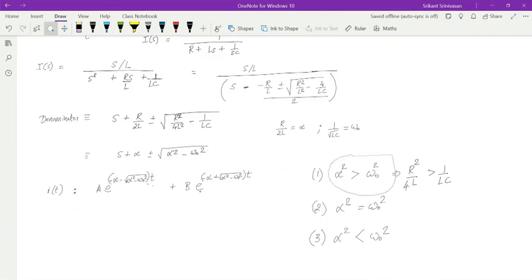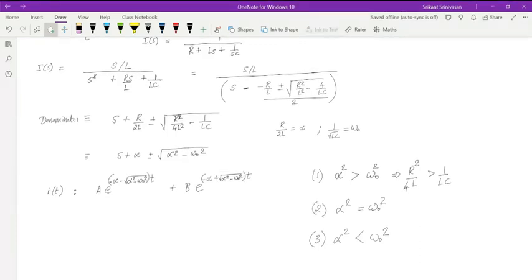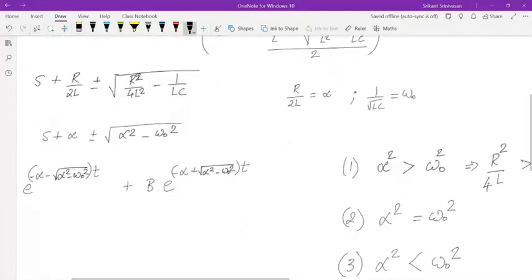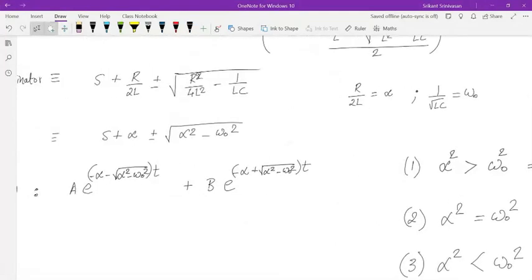But if you consider here that alpha square is greater than omega naught square, then this square root term is a real number. This square root term is also a real number. And what can you say? If you look at the exponent over here more carefully, then this is a minus alpha and this is minus of some positive number.